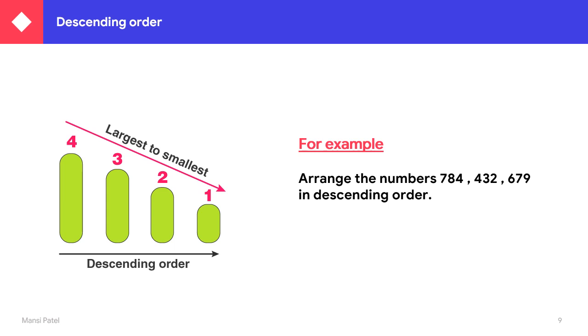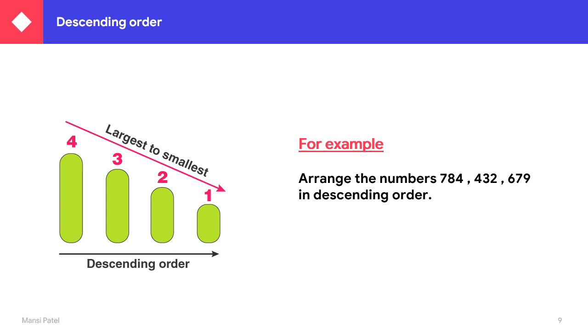So you have to write down 784 first. Then which one moves to the smallest number? Of the rest of the two, 432 and 679, which one is the largest number that you have to write down first? So 679 is the largest and then 432.